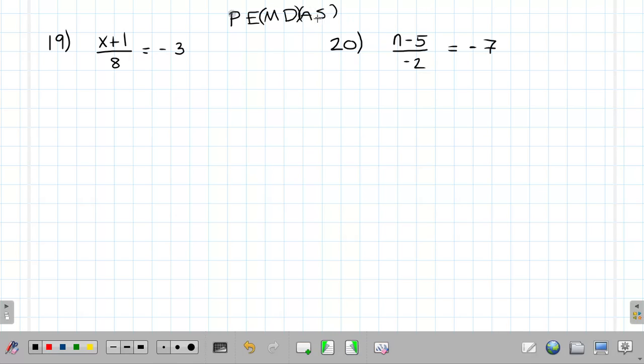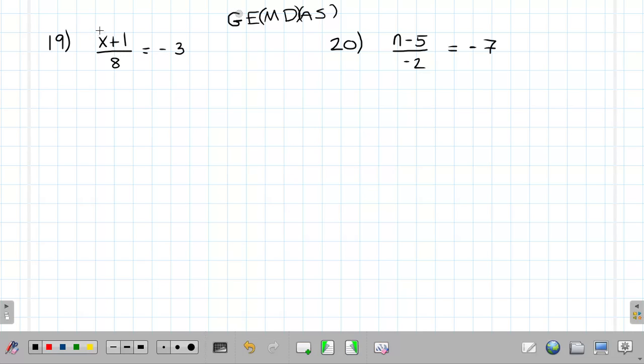But in this case, what are we doing to x? Well, if we put something in for x, we would actually add 1 first, then divide by 8 by order of operations. Because if we remember correctly, P, or sometimes you'll see it referred to as GEMDAS, which means grouping symbols. The fraction bar acts as a grouping symbol.